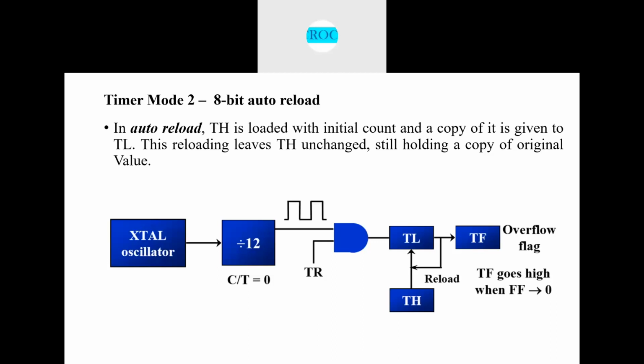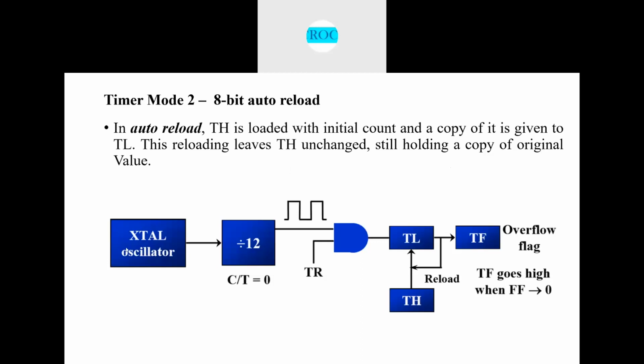Whatever original value you loaded into the higher byte register still remains the same. Only the TL register will be reloaded with the value in the higher byte register. As I said, the TH register is unchanged, still holding a copy of the original value.